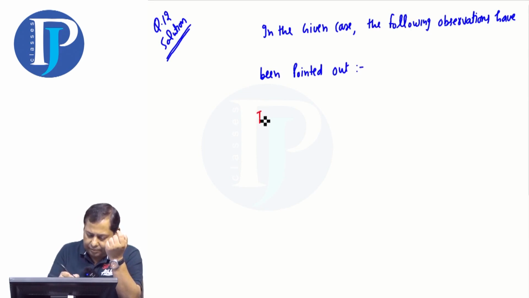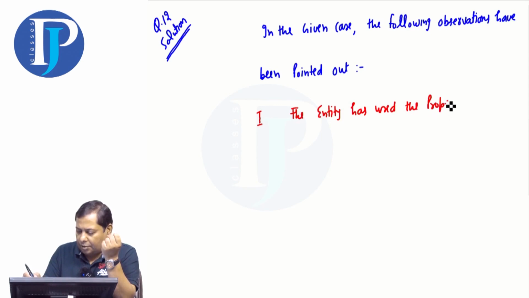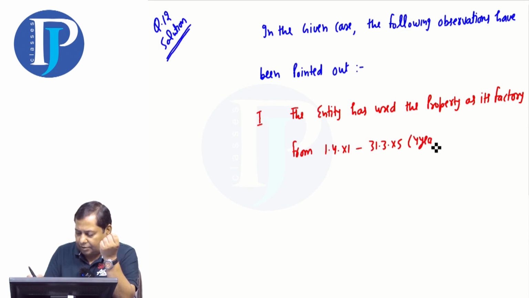Point number 1. The entity has used the property as its factory from 1st April X1 to 31st of March X5, 4 years.